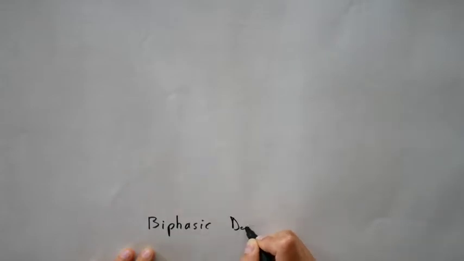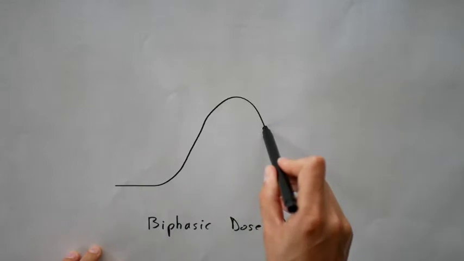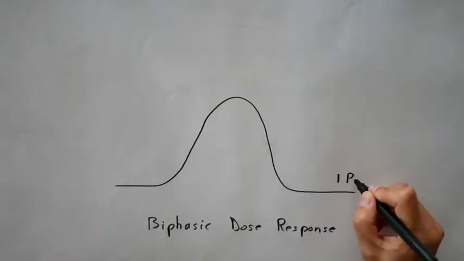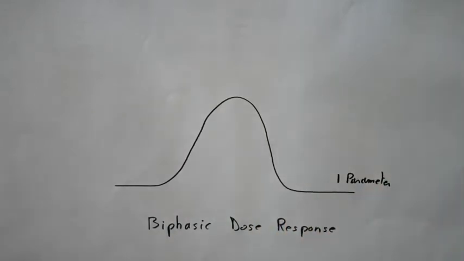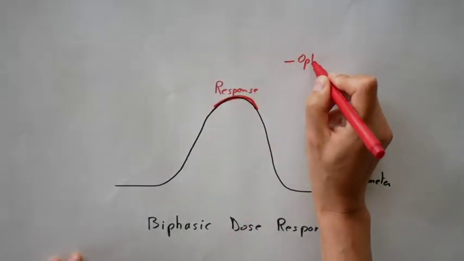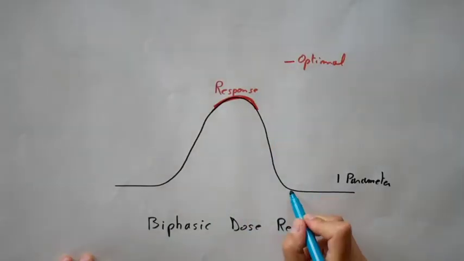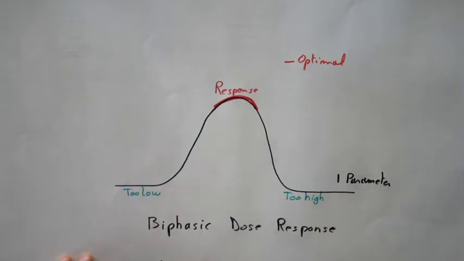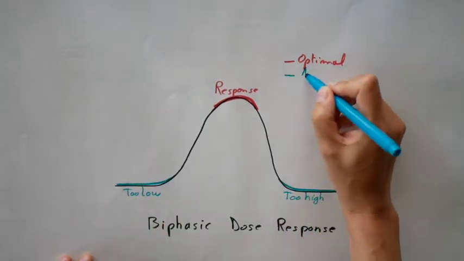The biphasic dose response. For each parameter, such as time of exposure, pulsing frequency, power density, energy density, treatment protocols, the response follows a curve with an optimal effect. If the parameter is too low or too high, then it is ineffective.